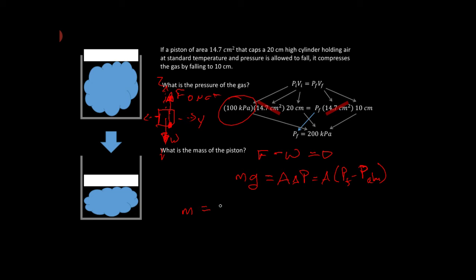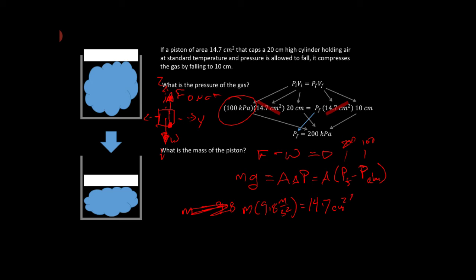We have mass times 9.8 meters per second squared is equal to 14.7 centimeters squared times 200 for that guy and 100 for that guy.